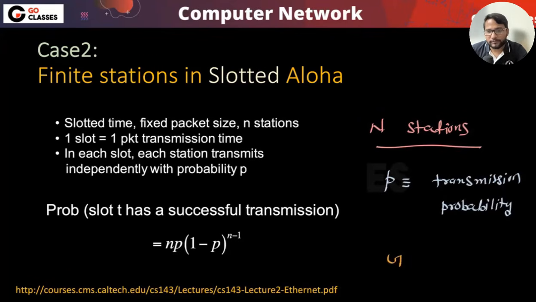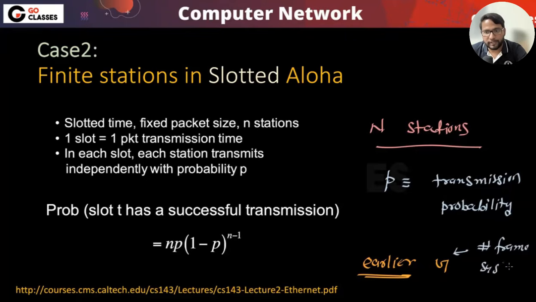That was how many frames the system was generating in one transmission time. Now here in this case, we don't have G. We have individual probabilities. P is the probability by which someone will be transmitting.